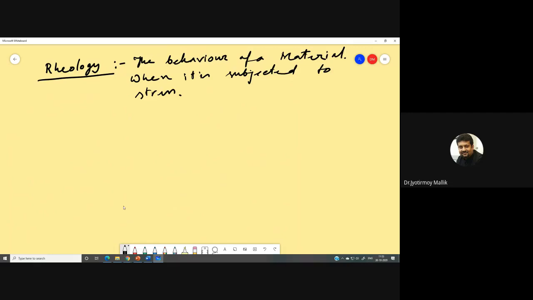So rheology can be broadly subdivided into key categories, and we can put them in a kind of ternary diagram. The first one is elastic, which we have just discussed. The second one is called plastic, and the third one is called viscous. Okay, and there could be in-between members as well, like elastoplastic.